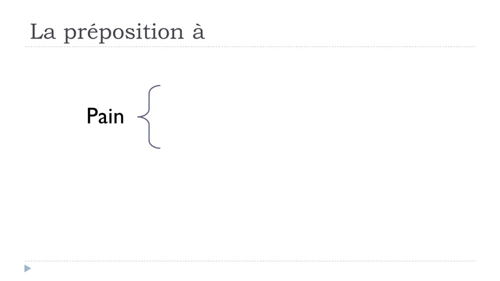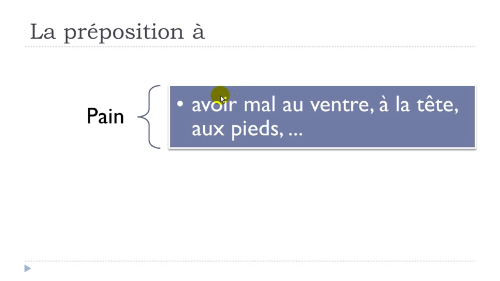The pain, normally we've got this expression when you want to say that you've got an ache somewhere in your body: avoir mal and then à, and then you will combine it with the article. Ventre would be stomach, so stomach ache would be avoir mal au ventre.